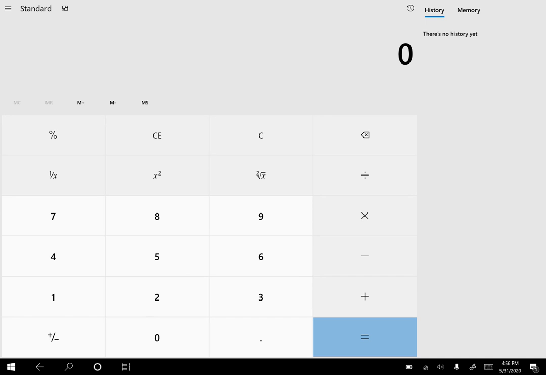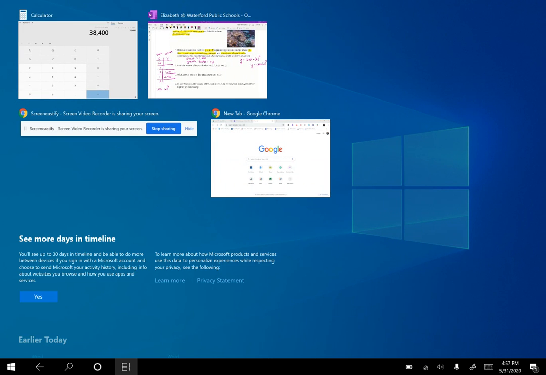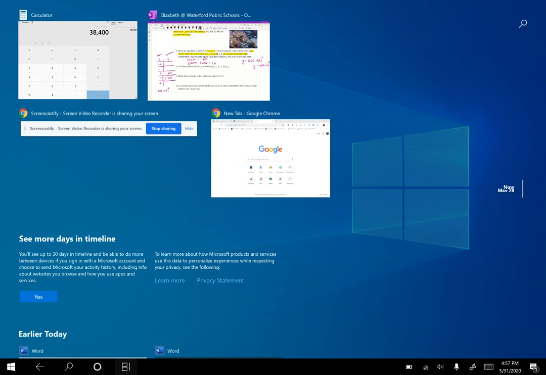This one's not doing an exponent other than squaring, so I'll just do 2 times 2 times 2 times 2. So I've got 5 of them. 1, 2, 3, 4, 5. And then I wanted to multiply that by the initial value of 1,200. And hit enter. 38,400 would be my volume.